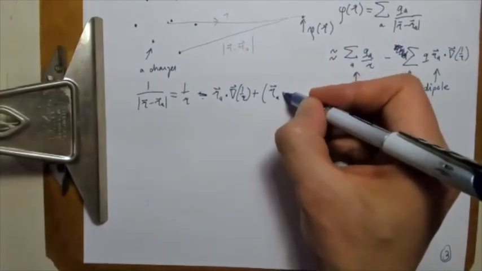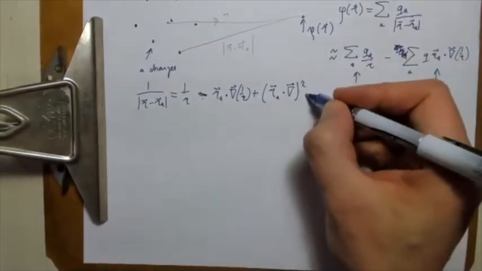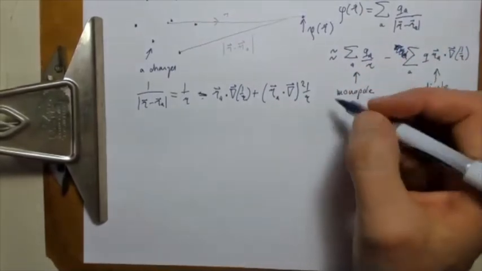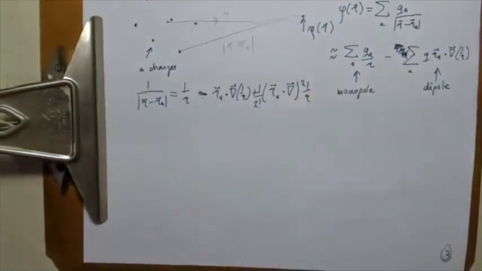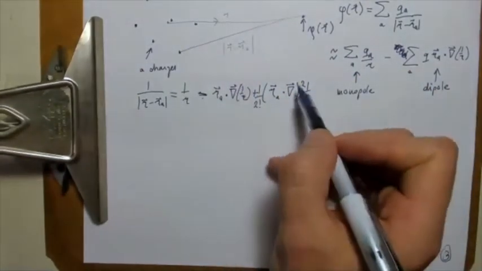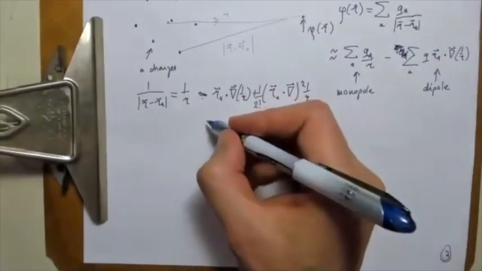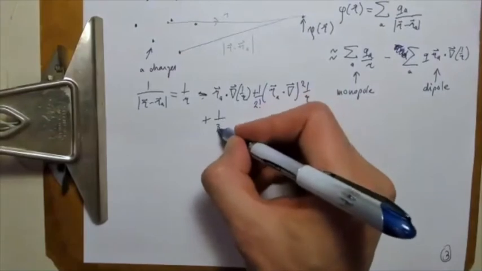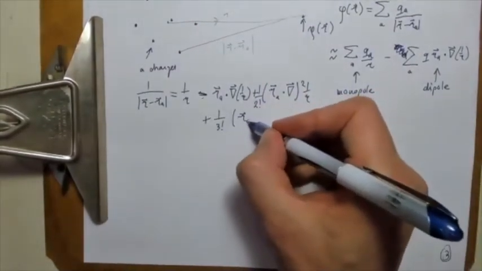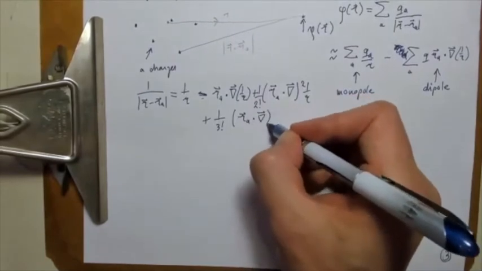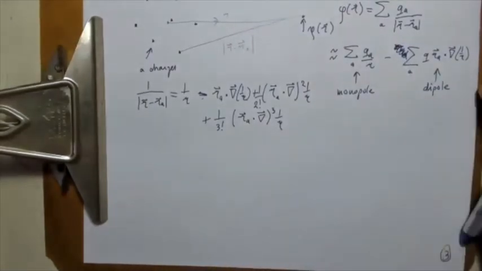So RA dotted with the gradient, but then squared, acting on that function 1 over r. And then because this is a Taylor expansion, you use a 2 factorial. So that gives you, this is the dipole, this is the quadrupole term, plus 1 over 3 factorial. You can kind of see the pattern already. Cubed. And then again, acting on that distance r.